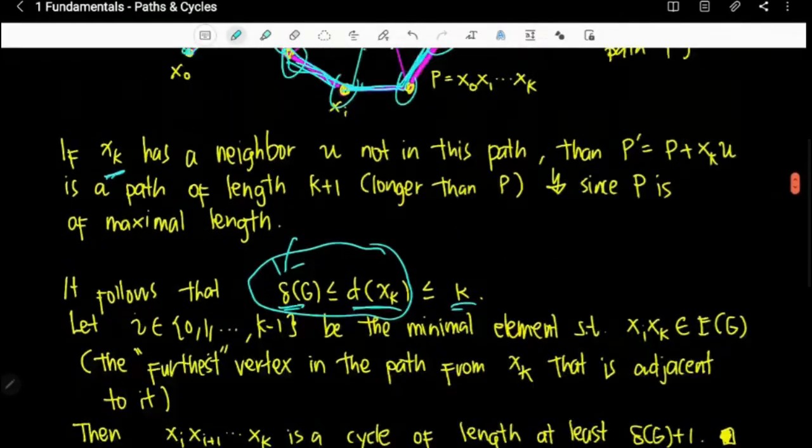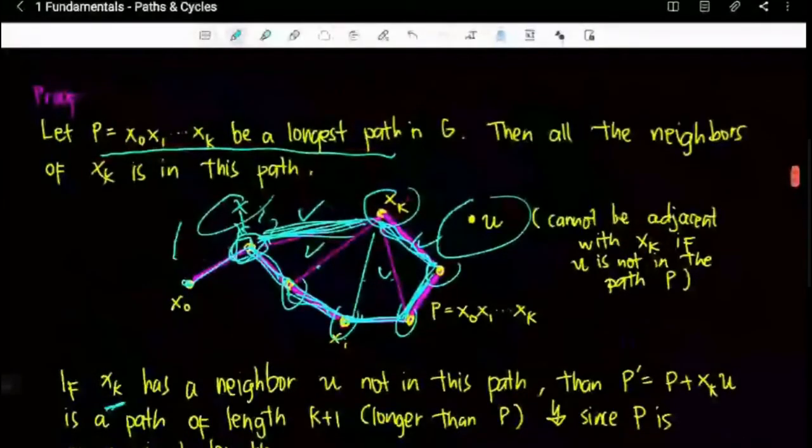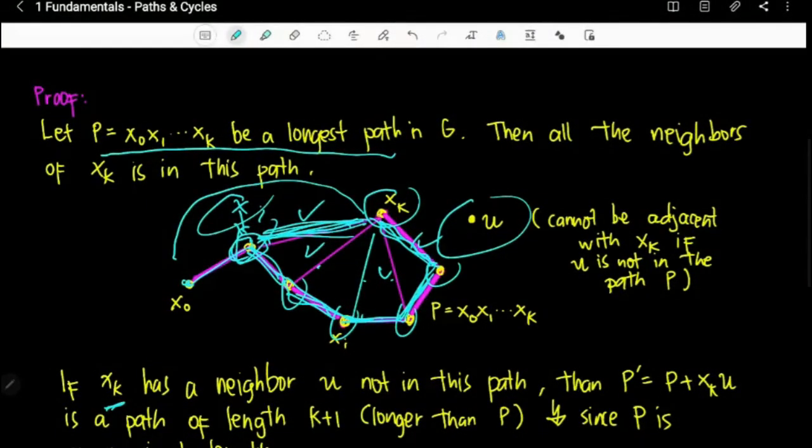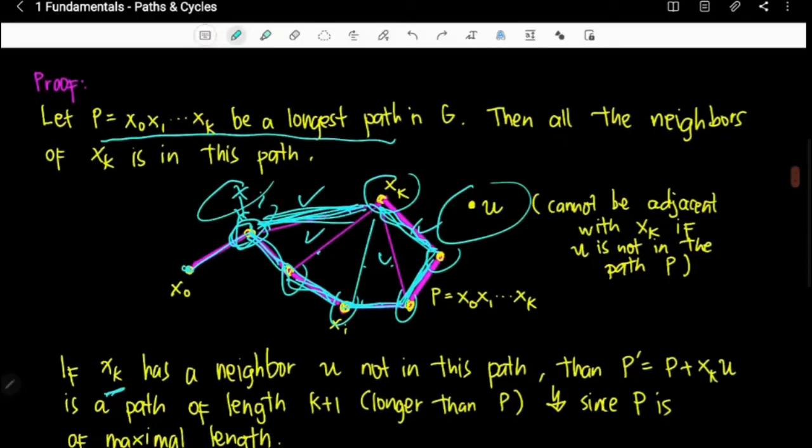Okay? So, kung nagkataon na yung x0, neighbor din ni xk, edi yung cycle mo, k plus 1. Kasi k yung length nung path, tapos plus yung edge na idadagdag mo, that's k plus 1. Or, yung pinaka minimum, delta G plus 1. Delta G meaning yung minimum number of incidents. Yan, next k.